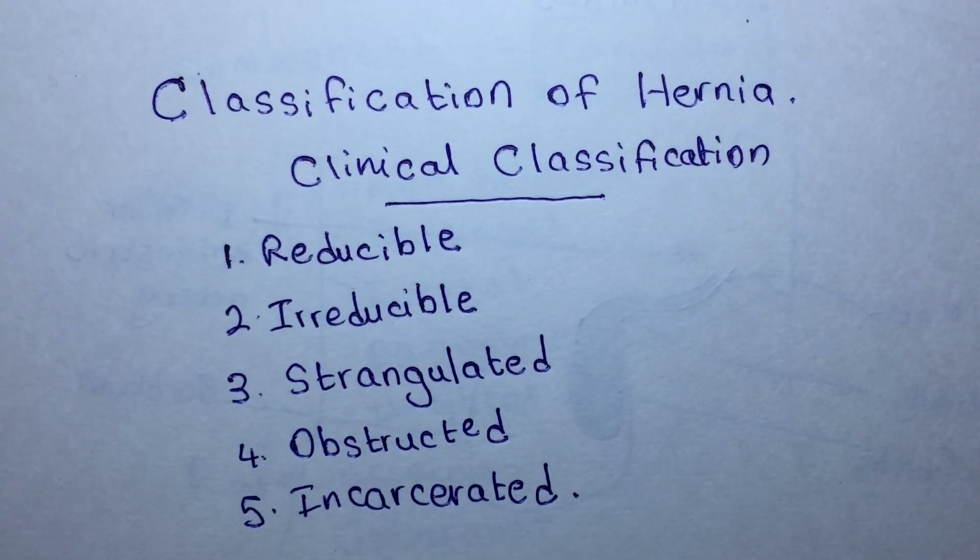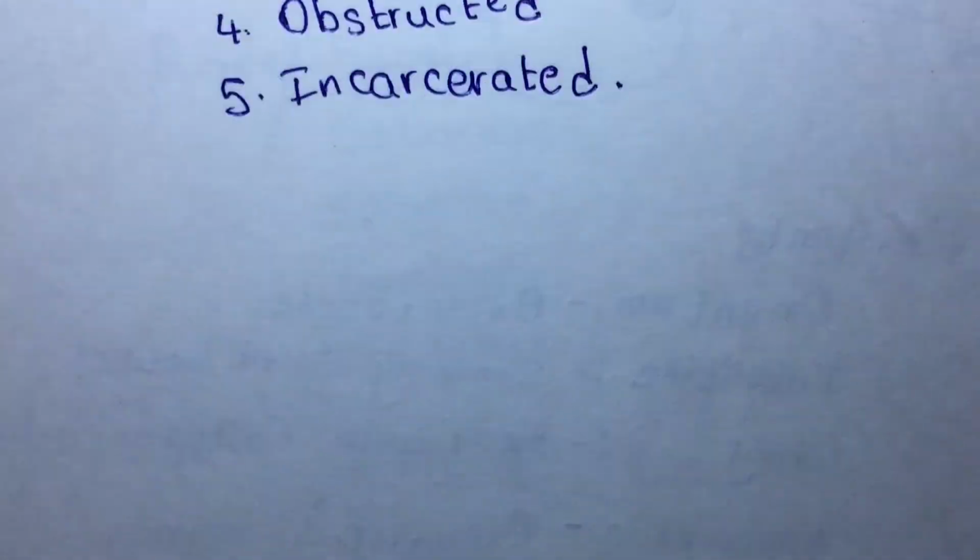I will explain each of these in detail. Reducible hernia can be reduced by the patient or surgeon, or it reduces on its own. The intestine reduces with a gurgling sound, and it's difficult to reduce the last portion. Omentum feels doughy, and it's difficult to reduce the last portion.